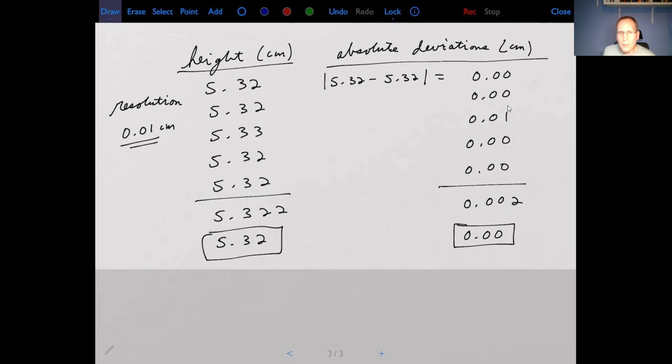Now, if we try to compute the percent experimental accuracy, normally I would take this average absolute deviation divided by my average height times 100. But if I do that in this case, I'm going to get 0%, because 0 divided by 5.32 is 0, times 100 is 0.